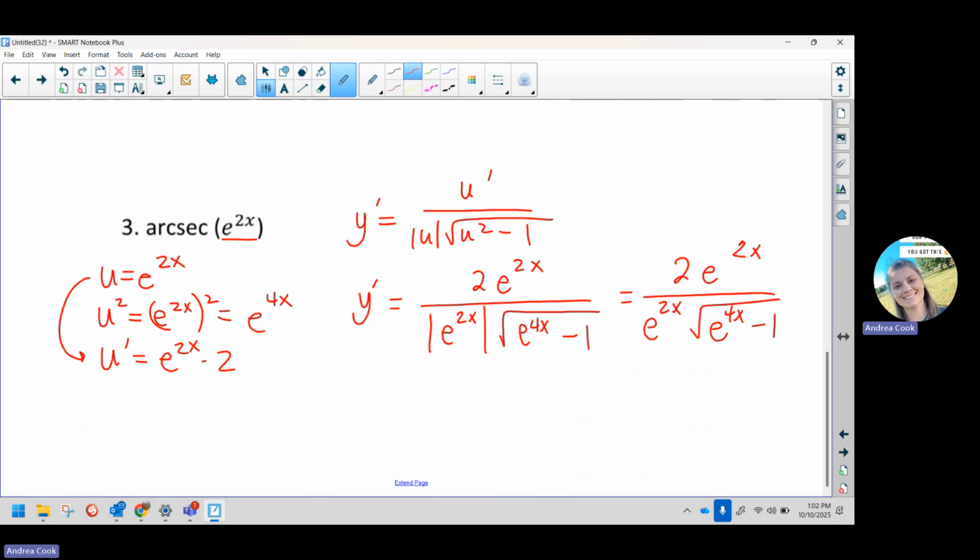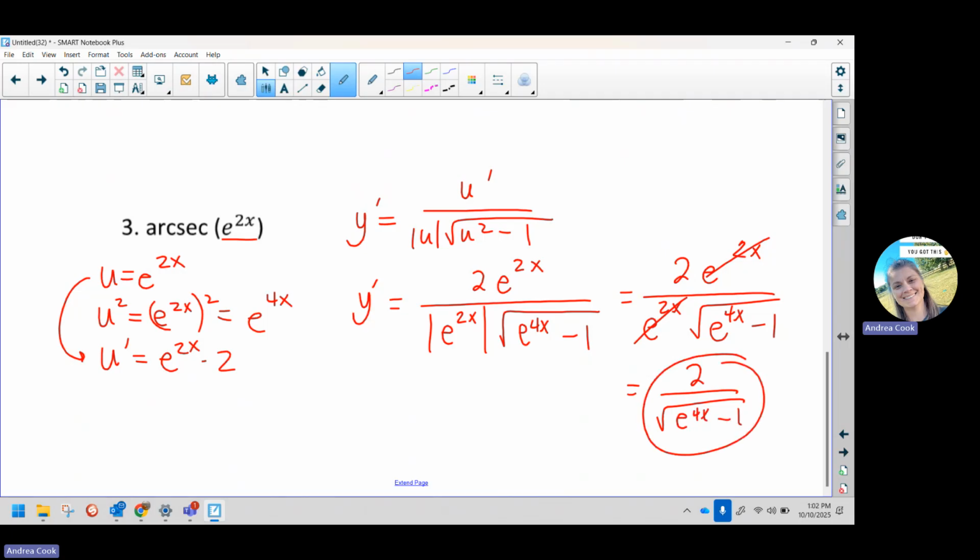But with x or x cubed, it wouldn't work. Why is it always positive here? Because e to any power is always positive. It's an exponential function that's always above the x-axis. So this final answer we can write as 2 over the square root of e to the 4x minus 1.